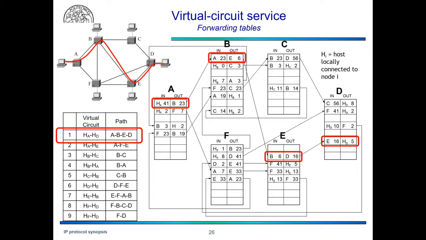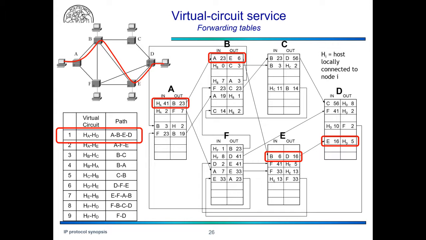And so in the table, A reads the output column, which contains B, that is the interface where to send the packet, and 23 is the new value of the virtual circuit identifier to replace in the header. So the packet will leave node A going towards node B with the new virtual circuit identifier 23.